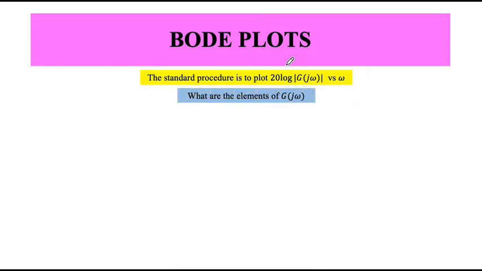Now if I look at the transfer function, what are the elements of the sinusoidal transfer function G(j omega)?